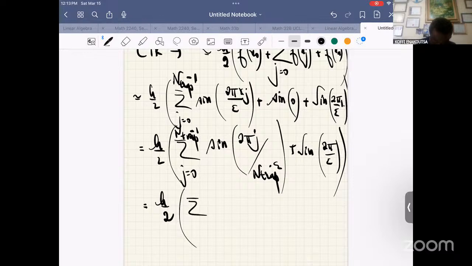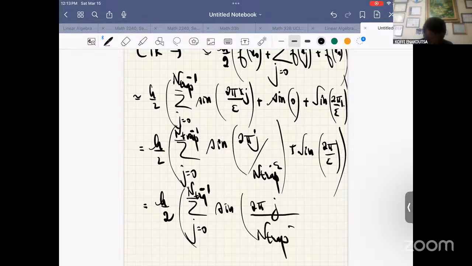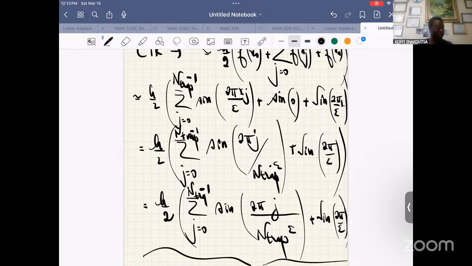The sum from 0 up to n_trap minus 1 of the sine of 2 pi j divided by n_trap, with the epsilon like this, plus the sine of 2 pi divided by epsilon. There is nothing else that we could add. Any question? So this will be the trapezoidal rule for the given integral.